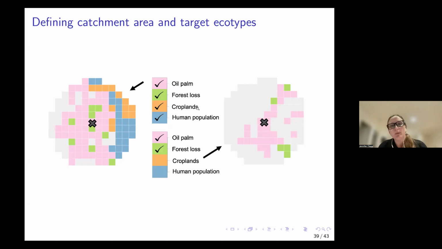There should be croplands around, but the forest should be disturbed because that's showing the intersection between monkeys and humans. And there's a relationship with oil palm planting as well. So you can then construct, for people who are actually doing surveillance within that catchment, what does this catchment contain? Does it contain all the things you're looking for or just some of them?